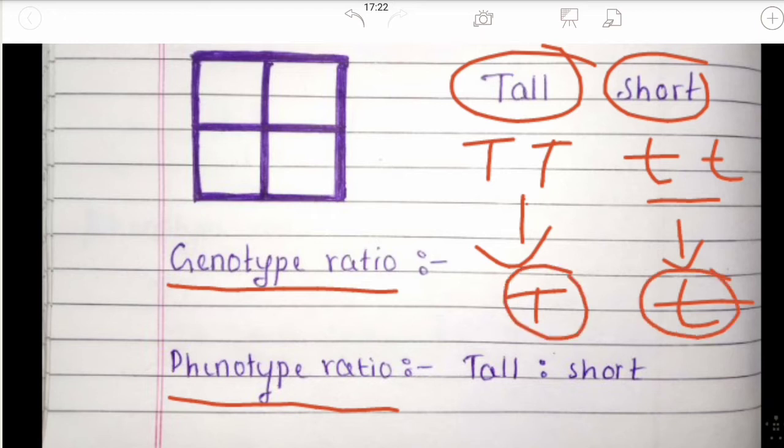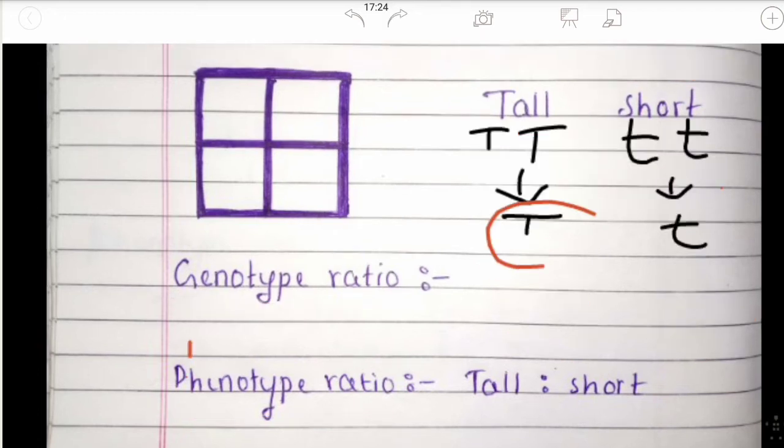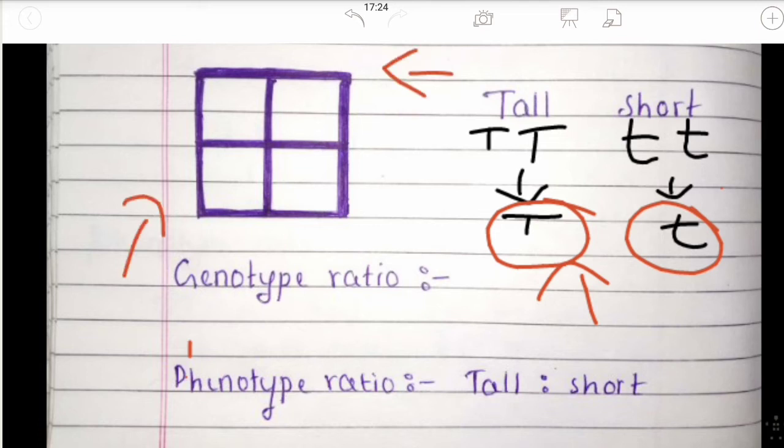From these two gametes we can easily calculate the genotypic ratio. These gametes are present in the diploid condition. So let's imagine that the tall plant is male. Write the tall here and short here: capital T, small t and small t.